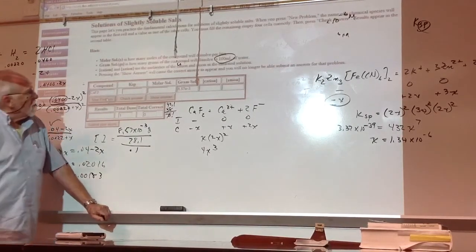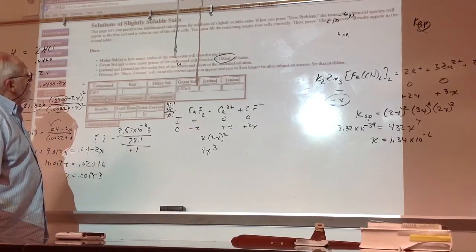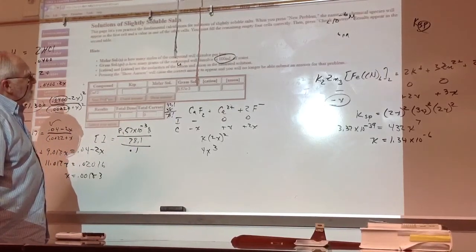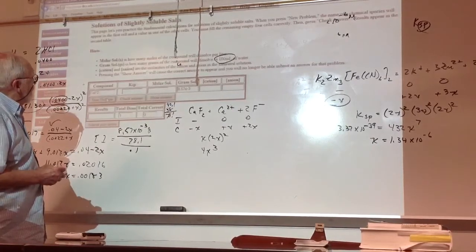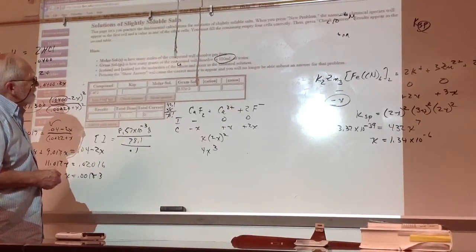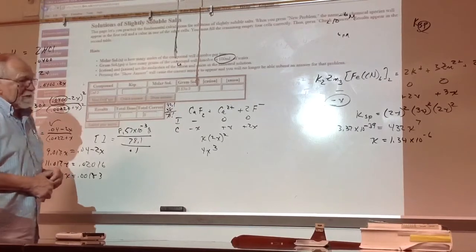And I think somewhere he says you should carry 3 significant figures because, again, this one is sensitive to the number of significant figures.